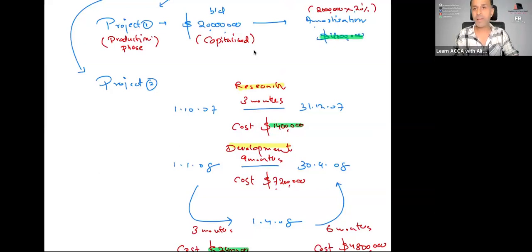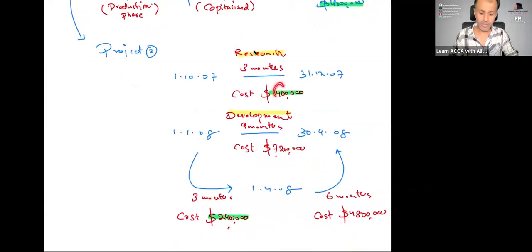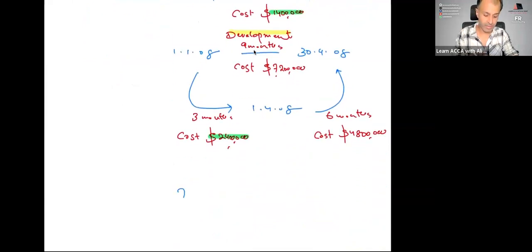I have to take 4 million from here, 1,400 from here, and this. So 2,400 plus 1,400 will be 3,800. 3,800 plus 4,000 will be 7,800. Just 1 minute.